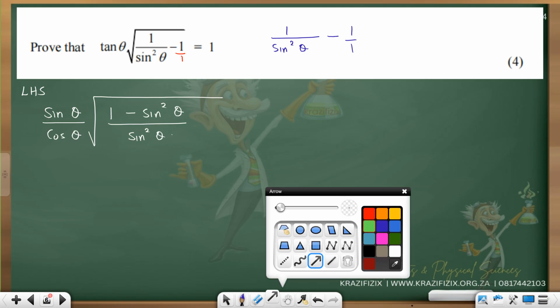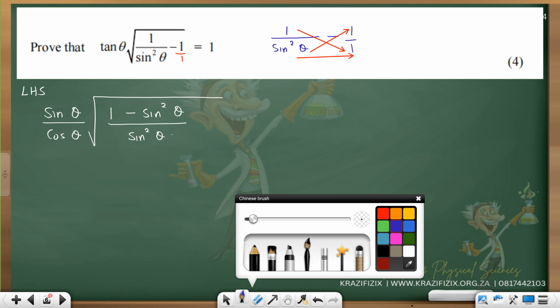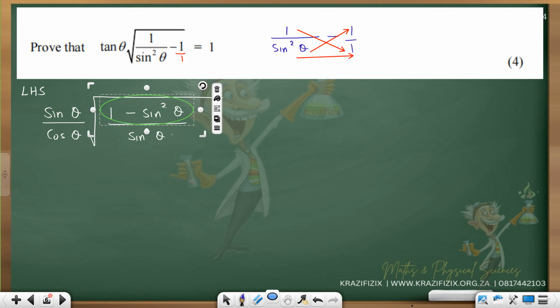If I do my first diagonal, 1 times 1 is 1. 1 times sine squared theta is sine squared theta, and that diagonal method will never fail you. Now, I don't know if you see something there.